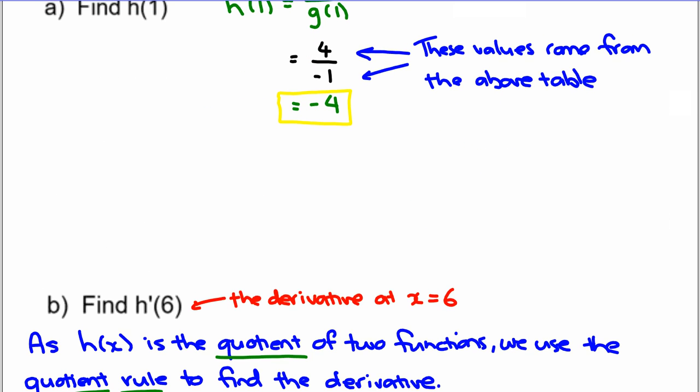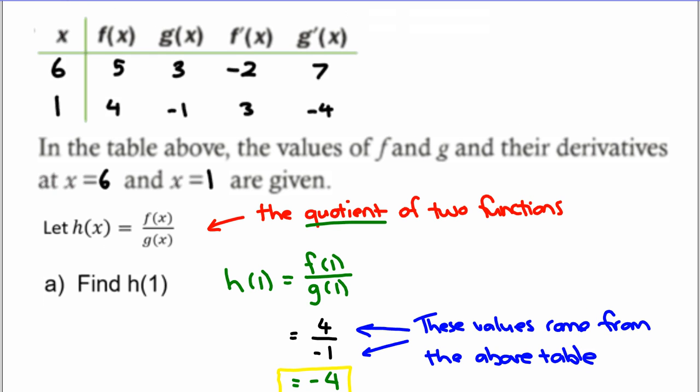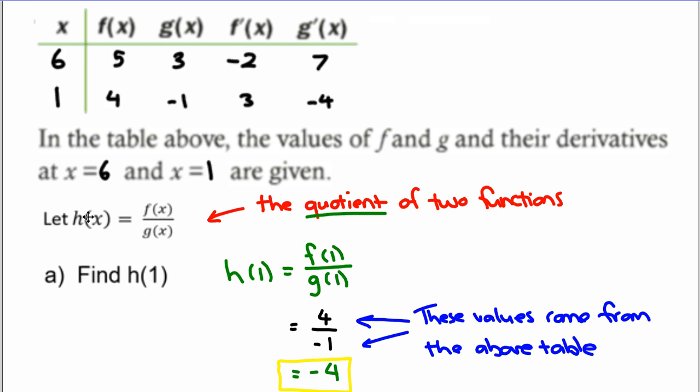So in A, we're just asked to find h of 1. So h of 1 is just f of 1 divided by g of 1. So let's write that. No derivatives required here. From the table, make sure you don't read from the row for 6 instead. We're talking about x being 1, so we should be reading from the second row where x is 1.